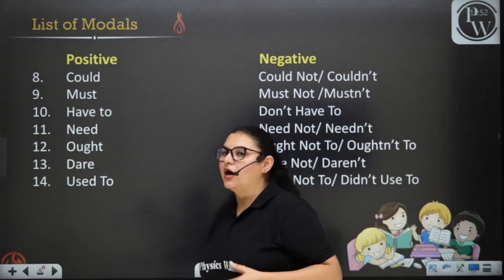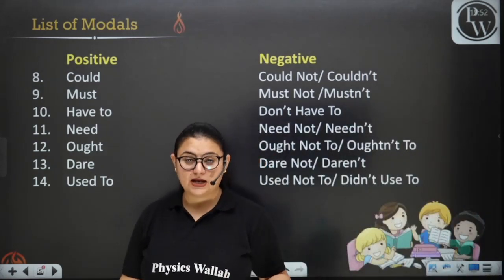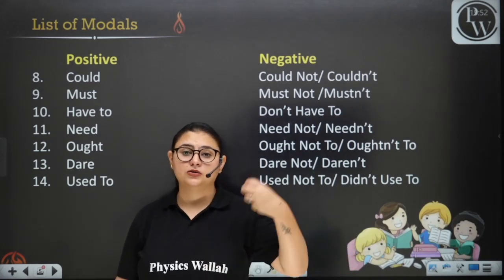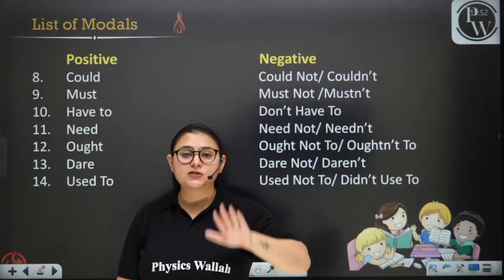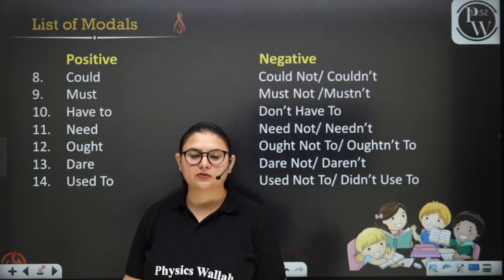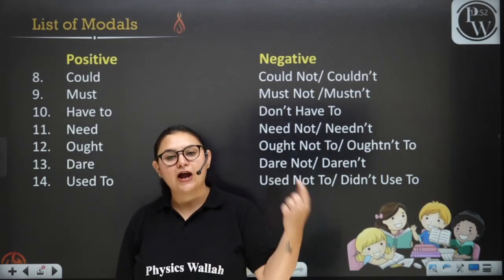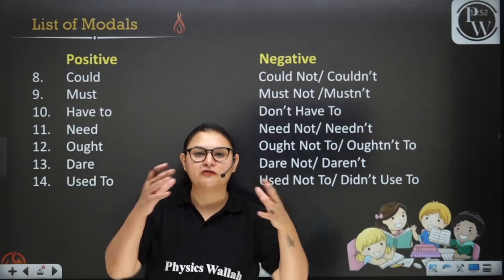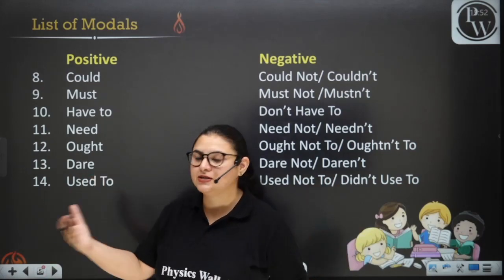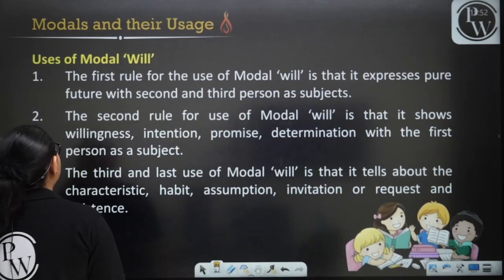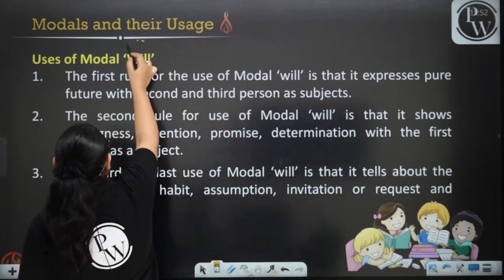Now, these all are the list of the modals, and we have to learn all the uses of these words so that we do not make mistakes while using them. We often make mistakes, but we shouldn't, and we will not make mistakes when we learn their usage. Okay, use of the modal will.